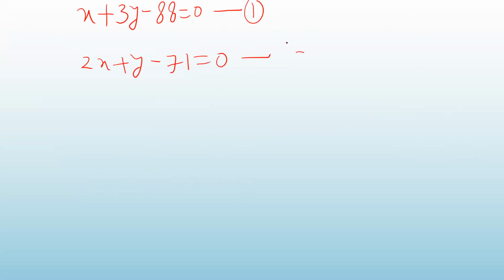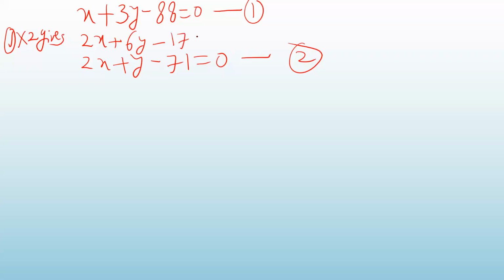This is my second equation. So what I will do, the first equation I will multiply by 2. That gives me 2x plus 2 into 3 will give me 6y minus 2 into 88, 176, equal to 2 into 0.